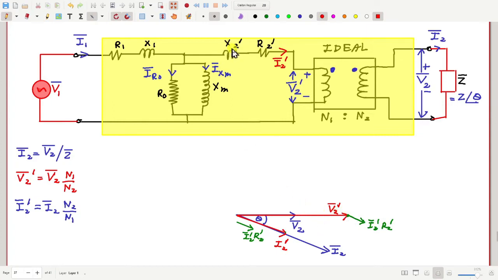Next, how much is the voltage drop across X2 prime? That will be perpendicular to the current I2 prime. Okay. So that will be in this direction. You may also draw from here, from the origin, I mean, like this. Let me make it a little bigger.